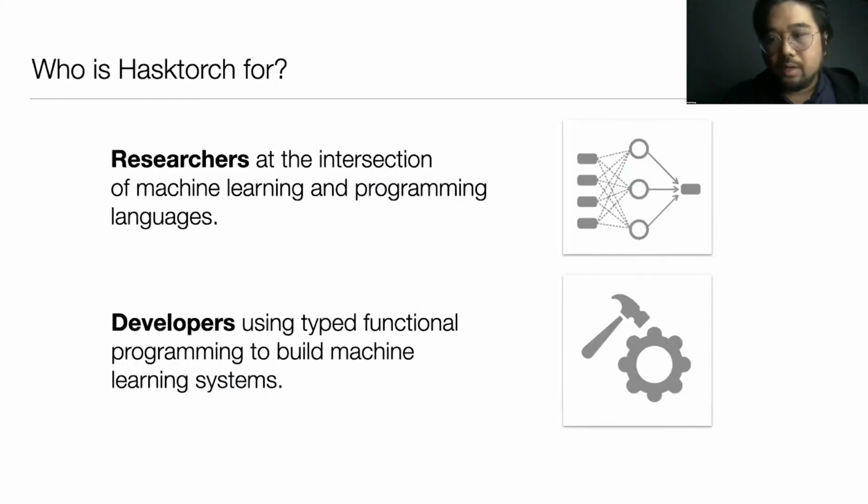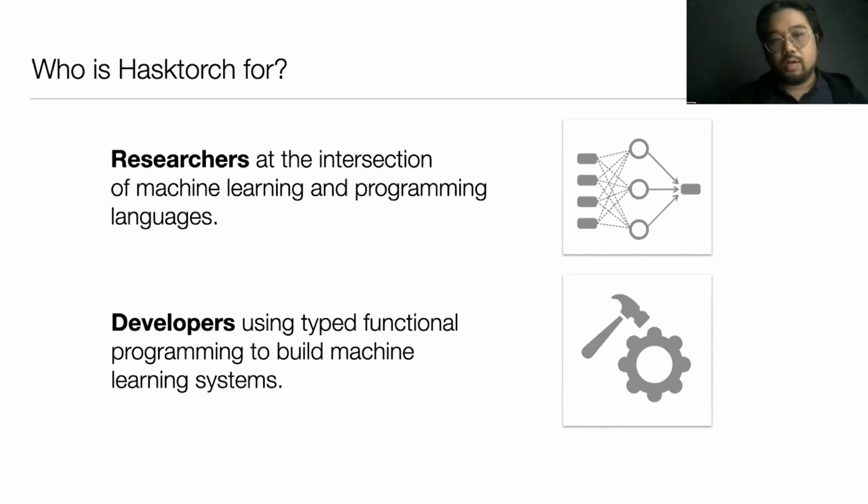Before I wrap up, I want to talk about some of the ways that Hasktorch gets used. Primarily it's by a great community that's exploring two different directions. One is, what can we explore at the intersection of machine learning and programming languages?